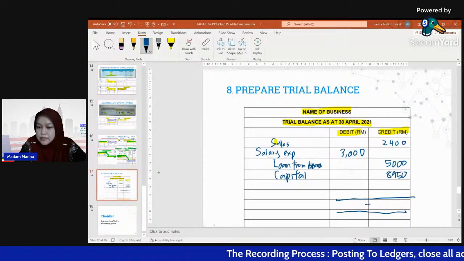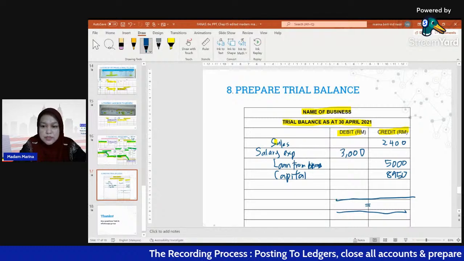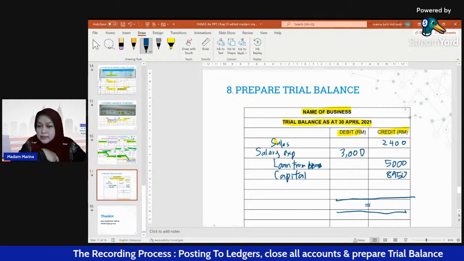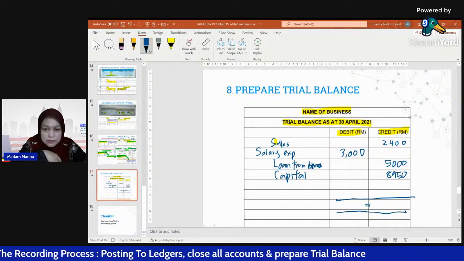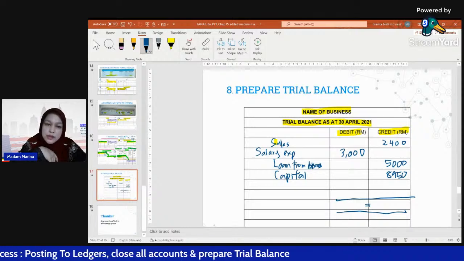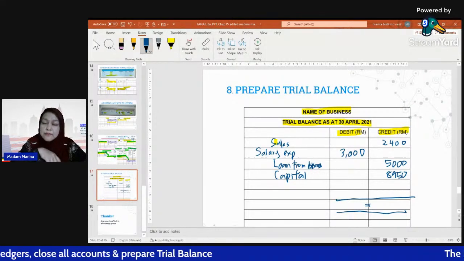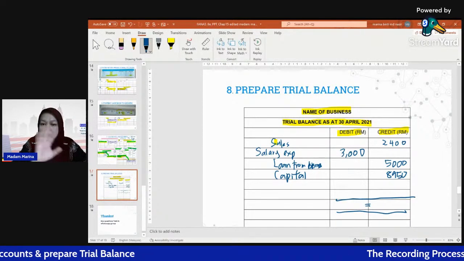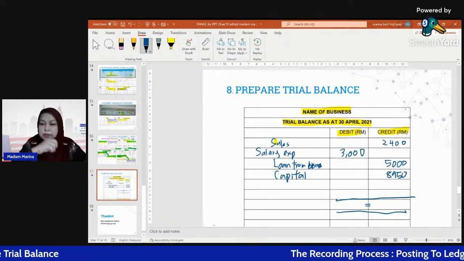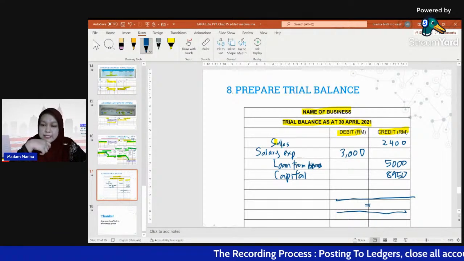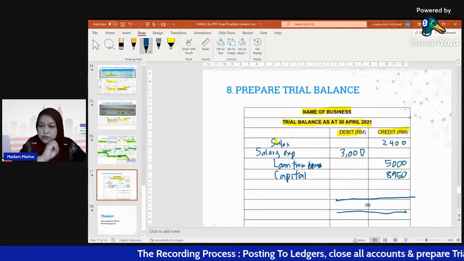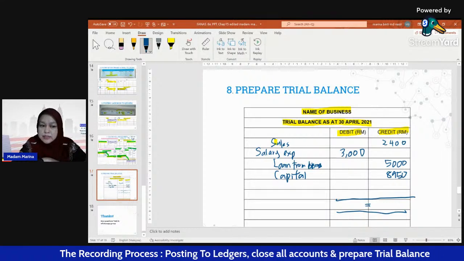Debit and credit mesti sama. Total debit must be equal to credit total. Kalau tak sama maksudnya something wrong with our recording in double entry. Maybe ada yang kita rekodkan sebelah debit, kita terlupa rekod sebelah credit, ataupun maybe we already recorded in the credit side, we forgot to record in debit side.